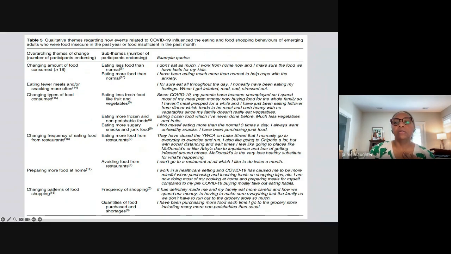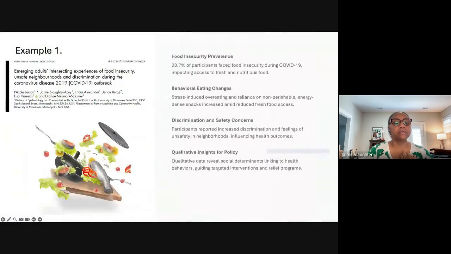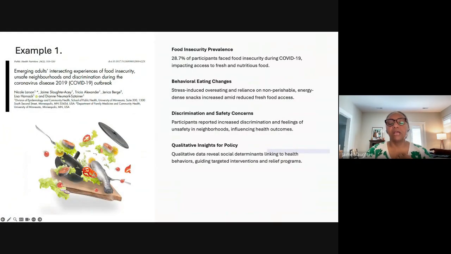So just some examples. By using both closed-ended and open-ended questions, the quantitative data allowed us to get at food insecurity prevalence among the 218 emerging adults who participated in the rapid response survey.